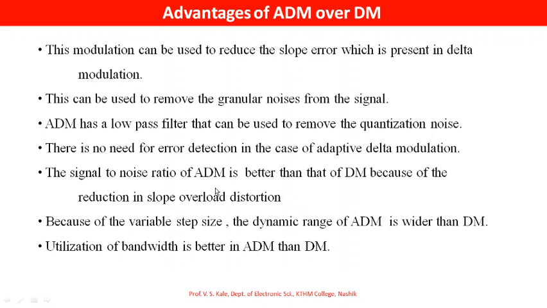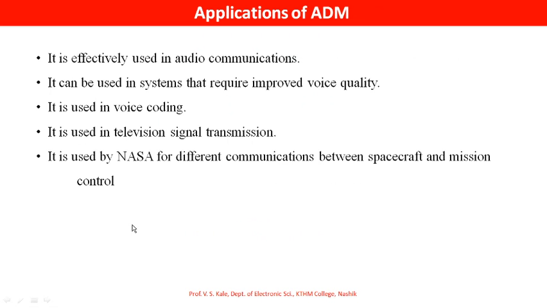The signal to noise ratio of adaptive delta modulation is better than that of delta modulation because of the reduction in slope overload distortion. Because of the variable step size, the dynamic range of adaptive delta modulation is wider than delta modulation. Utilization of bandwidth is better in ADM than delta modulation. So these are the number of advantages of ADM over delta modulation.